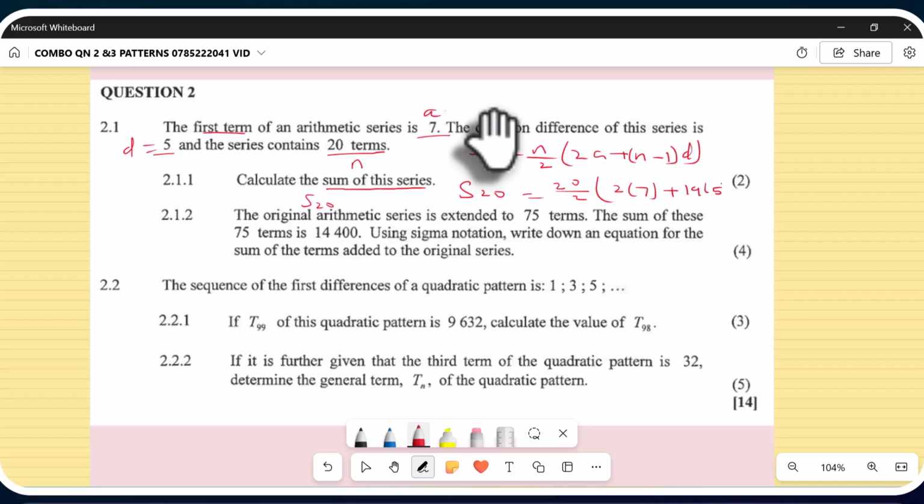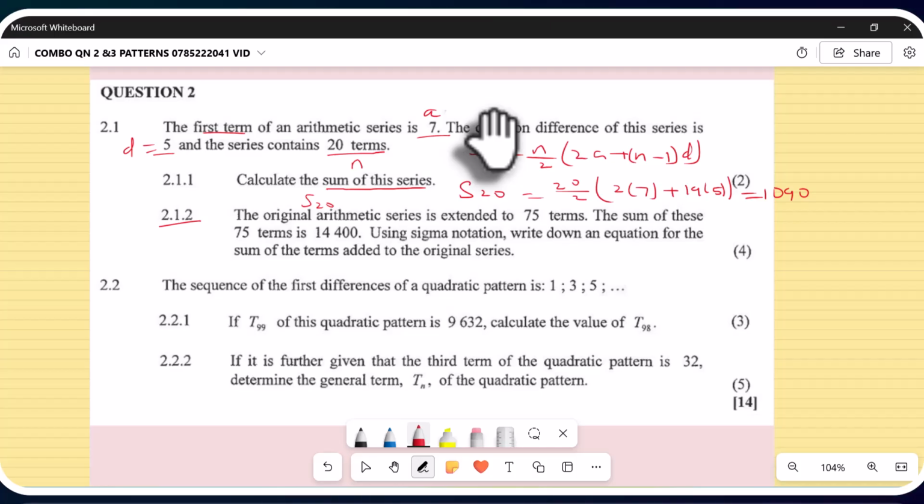Calculators, what do you get now? If I use my calculator, it gives me 1090.